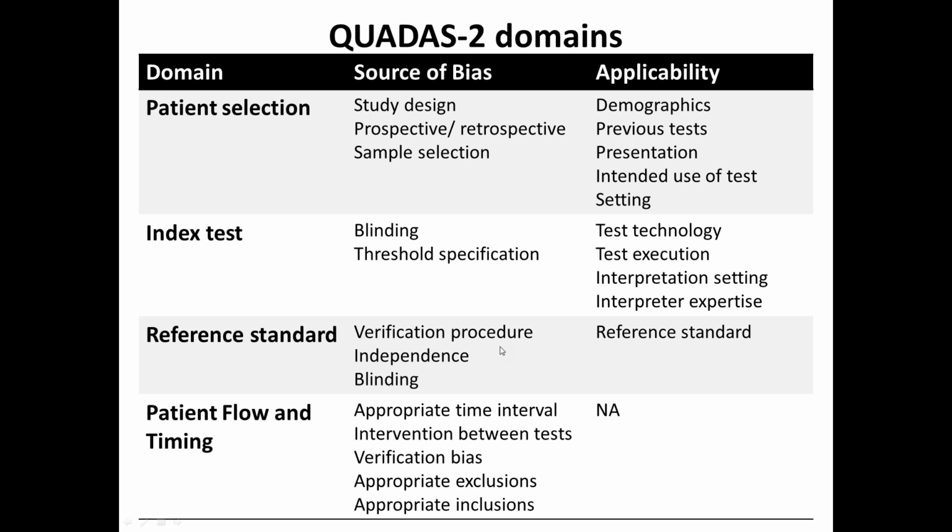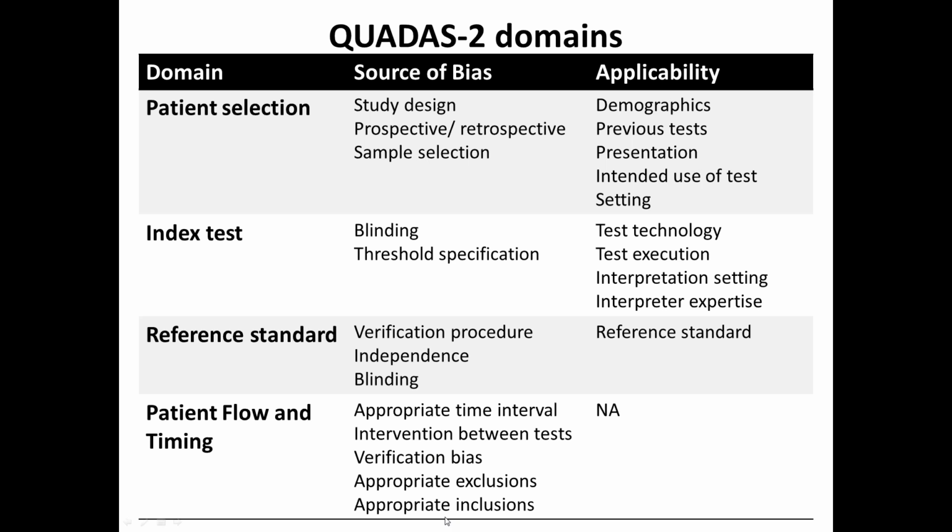The reference standard is our way of ascertaining whether somebody does or does not have the disease. If it's done using a test which makes a lot of errors, that's a problem, that's a risk of bias. So the actual choice of tests matters, and again, if it's done knowing results of other tests, it can be biased. So those are three domains.